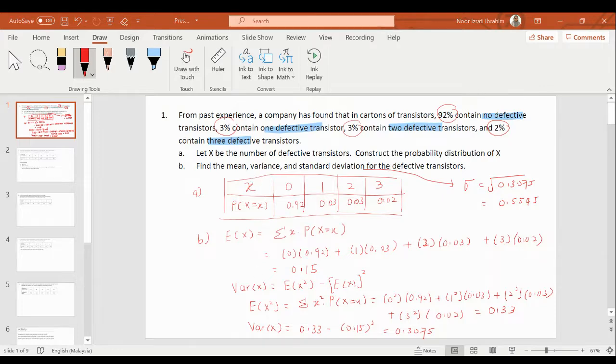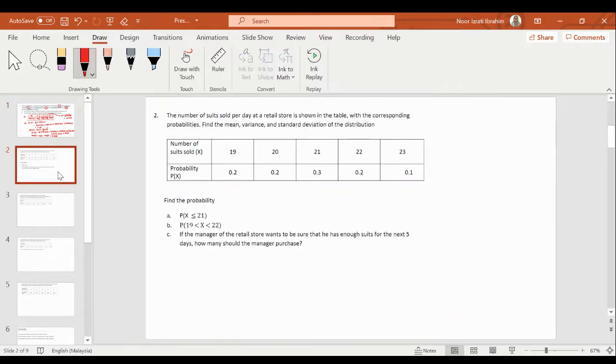That's for question number 1. Question number 2, we are given a probability distribution table here, and we need to find the mean, variance, standard deviation, and the probability here.